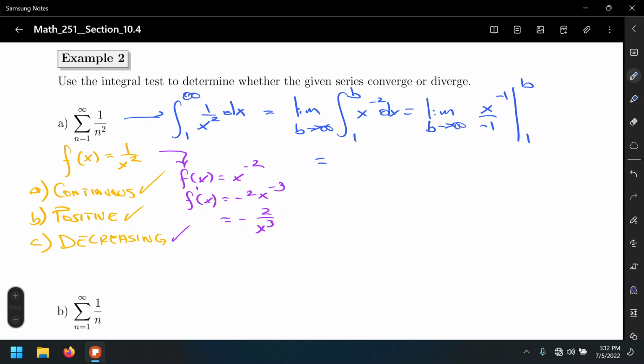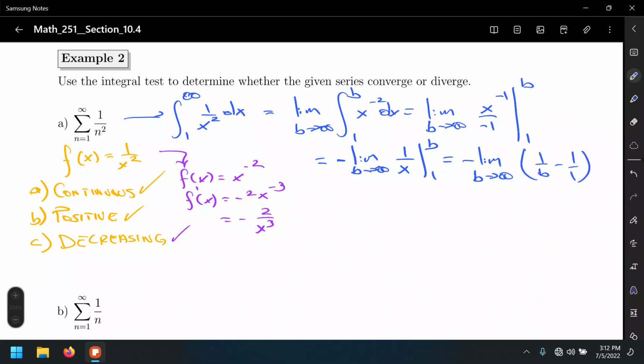Let's clean up those negatives. Let me write down this negative 1 in the denominator outside of the limit, simply a negative limit. And this x to the negative 1 as 1 over x. And same limits from 1 to b. That's a negative limit as b approaches infinity of 1 over b minus 1 over 1.